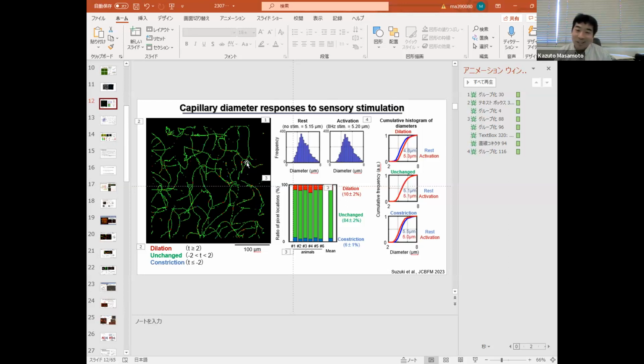We need to know the activation pattern here. So actually, we are trying next to stimulate optogenetically in the area of the neurons. It's a very small population.